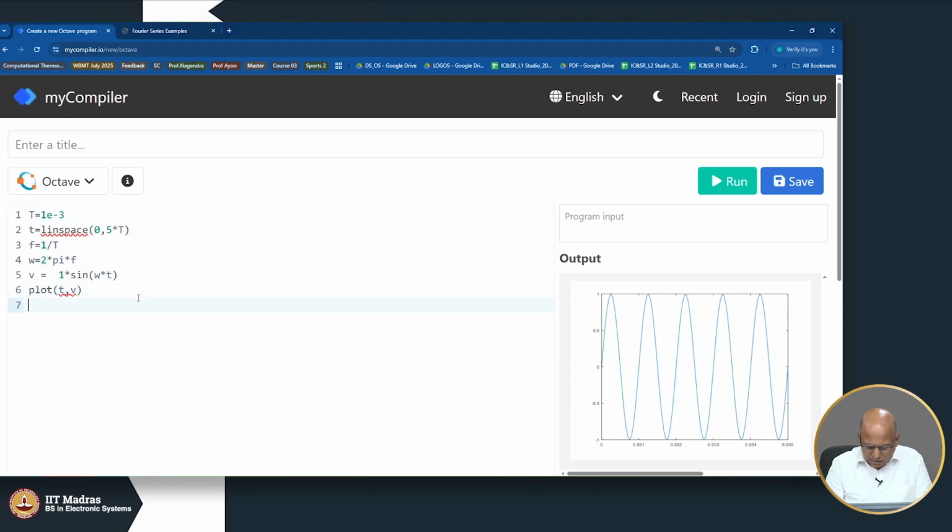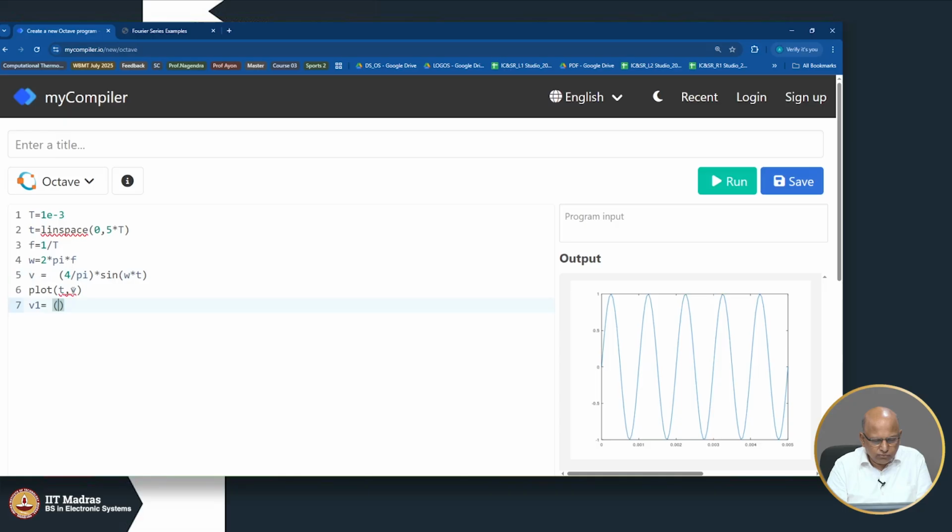Now, let me take a harmonic. Okay. So, in this example, instead of 1, let me make it 4 by pi. Because that is what that Wolfram website says, 4 by pi.